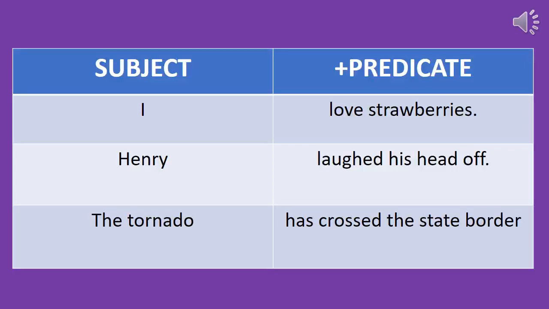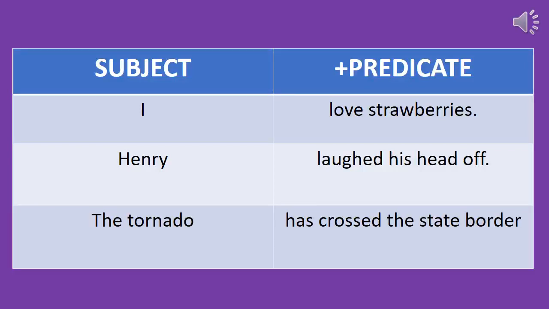As I have already told you in your previous slide, a subject of the sentence is the focus of that sentence, whether it is a person or a thing. Whereas the predicate of the sentence is that part of the sentence that contains the action.